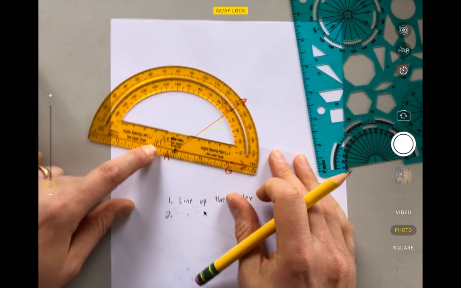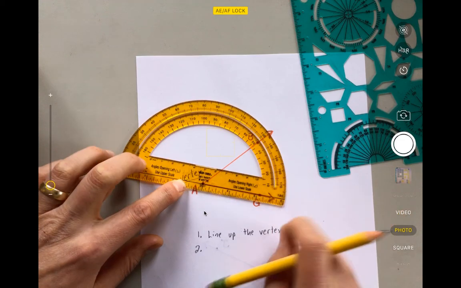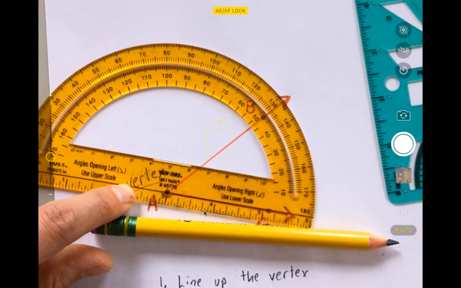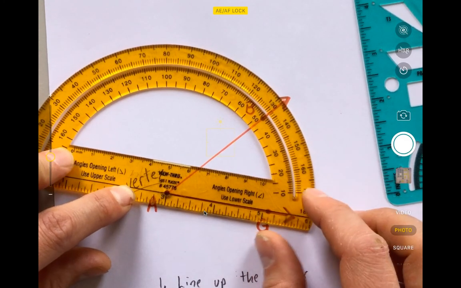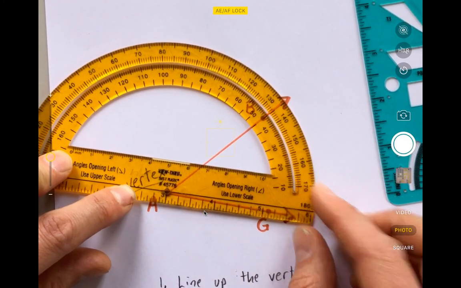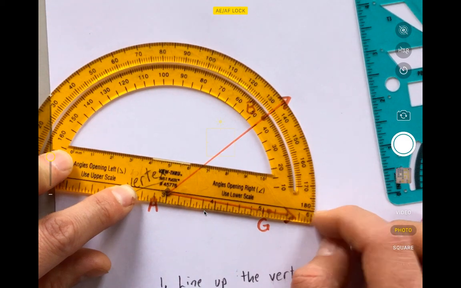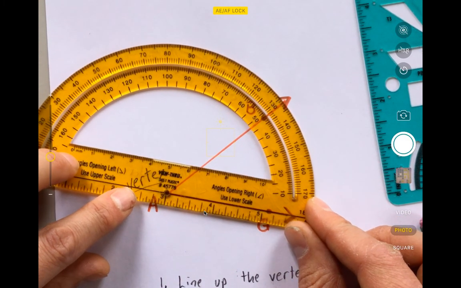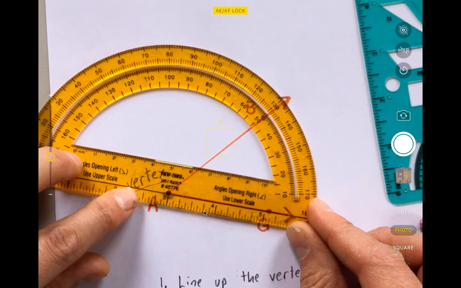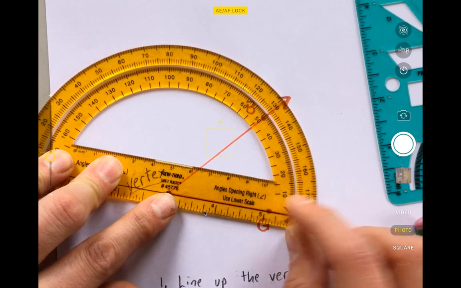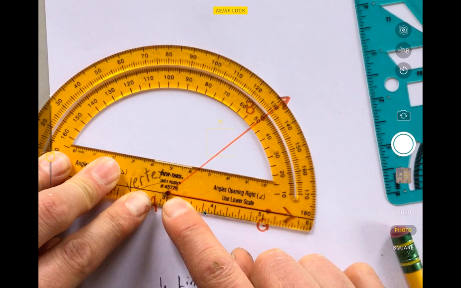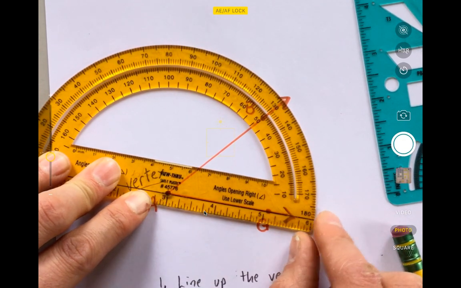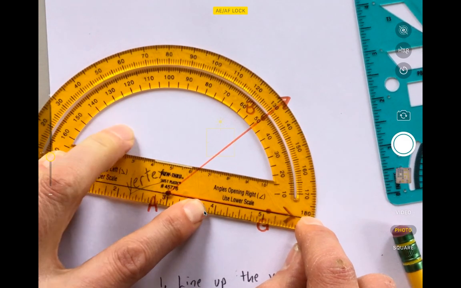Now with this particular protractor, I'm going to show you a little bit closer so we can really get zoomed in. I'm lining up this little line right here in the bottom of my protractor with one of the arms or sides of the angle. And I'm going to make sure that I keep my center point also right there on the vertex, right? So now I've got both of those things in place.